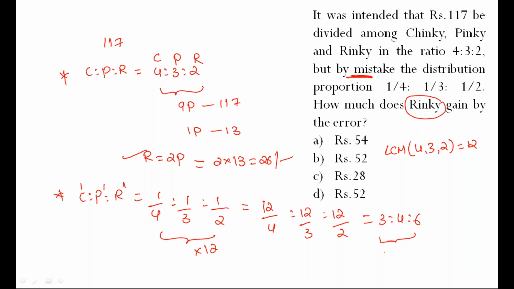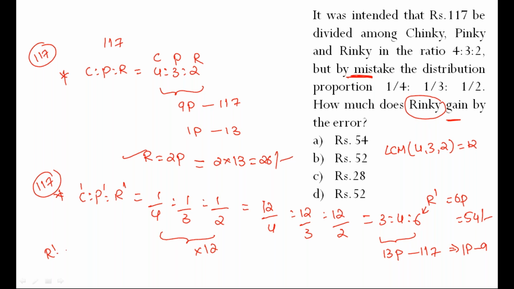Now here 13 parts are there, and the 117 is going to be distributed among these people. 13 parts is 117, meaning one part is 9. Here Rinky, as per this new one, has 6 parts, which equals 54 rupees. Now, due to the mistake, how much did Rinky gain? The question is about Rinky's gain by the error.